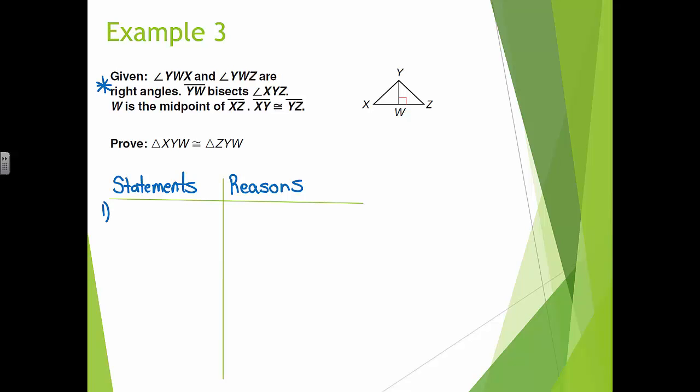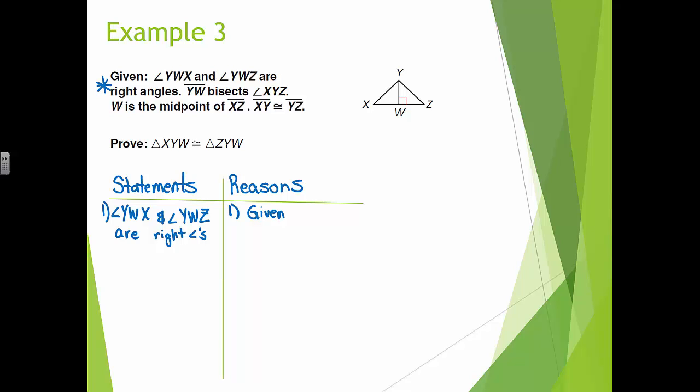So 1, I'm going to start with the fact that angle YWX and angle YWZ are right angles. That's my first given statement. They are right angles, and that is given to us.